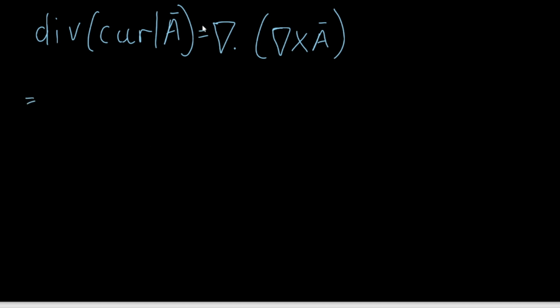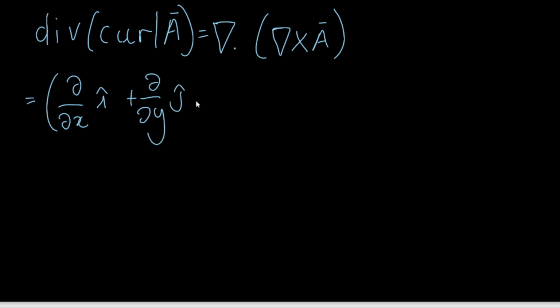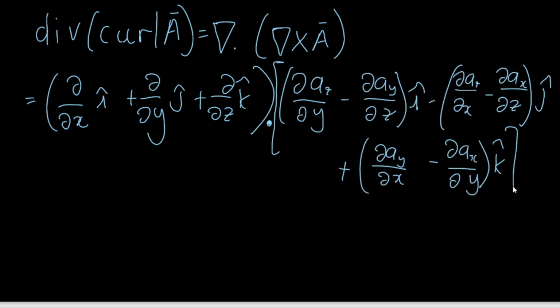So when we do that, what do we get? Well, firstly, this del operator, we write that ∂x i plus ∂y j plus ∂z k. And then this cross product, well, we've already done it just now. So now we multiply. Remember, i times i gives us 1 because we're taking the dot product. So that's very key. We're taking the dot product.